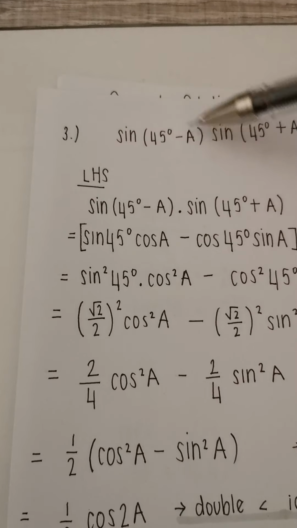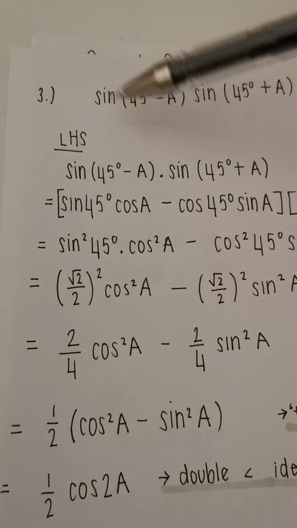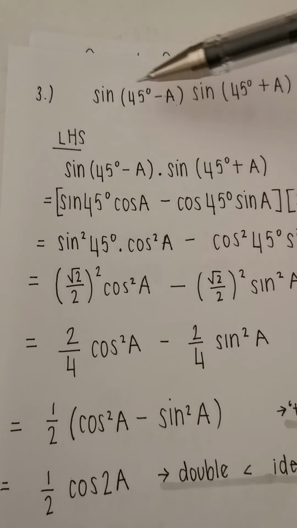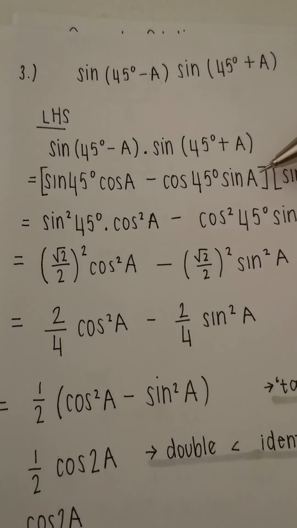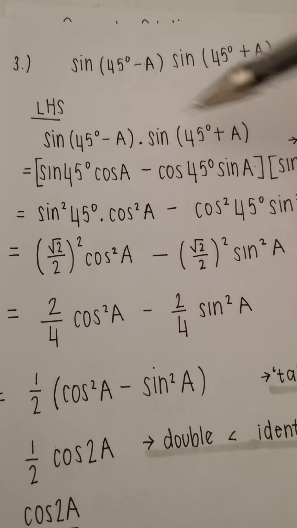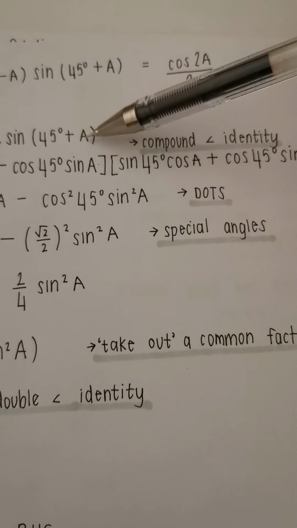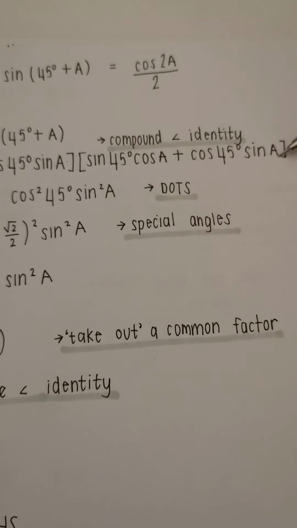Anyway, this here happens to be, I'm working now with my left hand side. My left hand side happens to be a compound angle, right? If it's a compound angle, this is what it opens up to using the identity, right? And there was a multiplication, so I put them into two separate brackets. This part here is also a compound angle. It opens up to this over here, right?